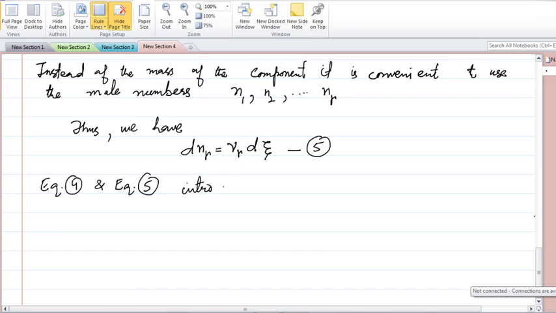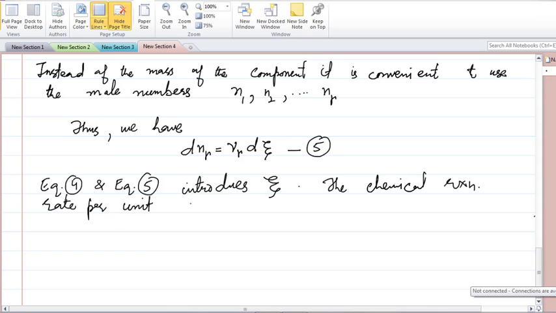So here equation 4 and this equation 5 basically introduce this zeta. So the chemical reaction rate per unit time, that means suppose a chemical reaction is going on and its extent of reaction is d zeta, and if we take the per unit time, that will be the chemical reaction rate per unit time.